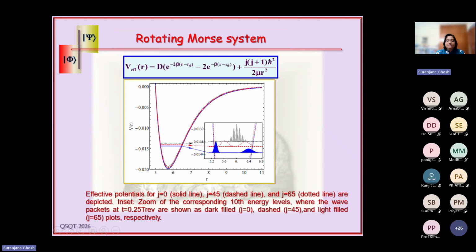Now, if we change the coupling, J equal to 45, the dashed line shows that these two wave packets are coming closer. And when J is equal to 65, one can see some kind of ripples captured in this coordinate representation. So changing this coupling, this rotational effect, one can see that it will change the vibrational dynamics.